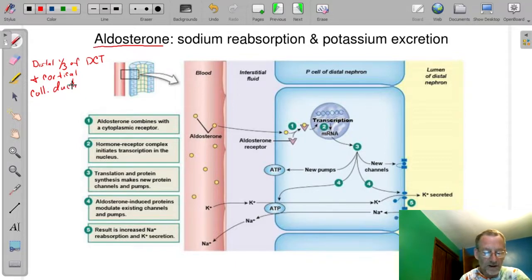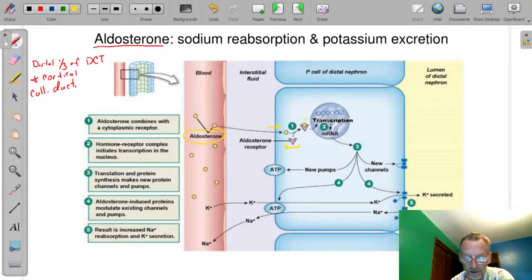So here comes aldosterone. It's little yellow dots in the blood. It's a steroid, of course, so it just diffuses straight through the cell membrane, simple diffusion, and binds to an aldosterone receptor in the cytoplasm.